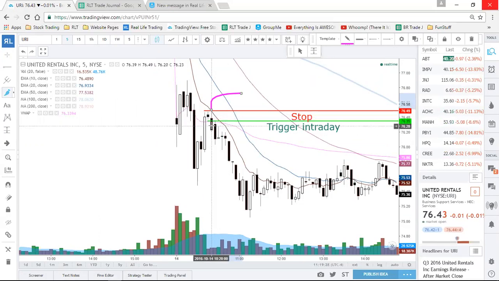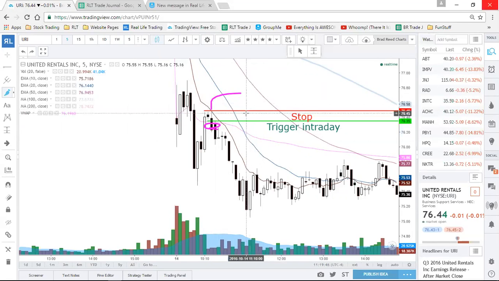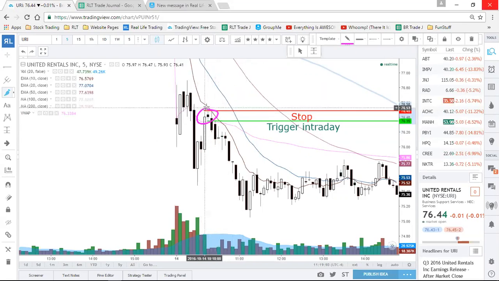So what I ended up doing was exiting the appropriate number of shares right in here very quickly, so that if I had moved my stop up to 76.50, which I did very quickly, I still had the correct position size. So if this had come back in and stopped me out, I would have only lost 1 R. So when you trade these really small dojis, things can move super duper fast.